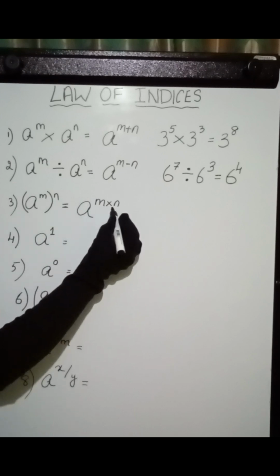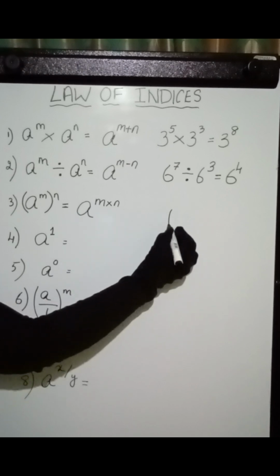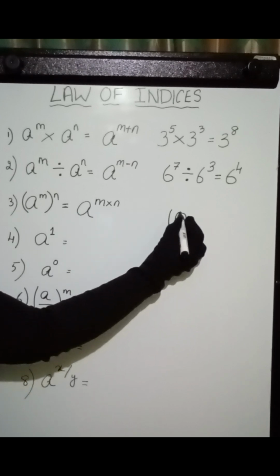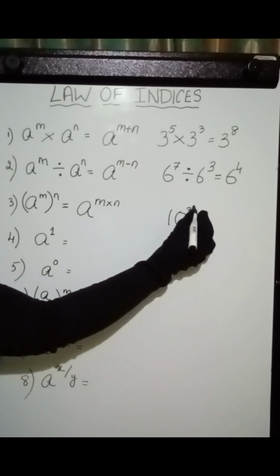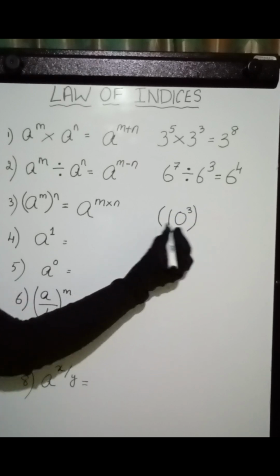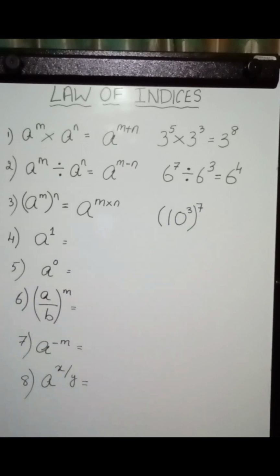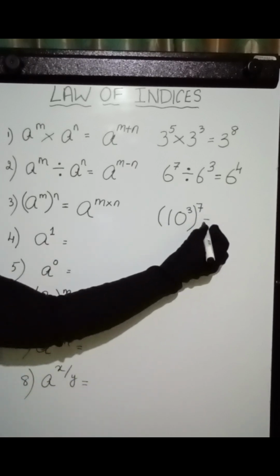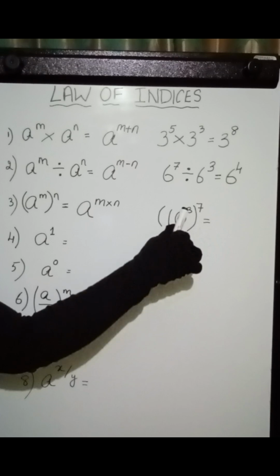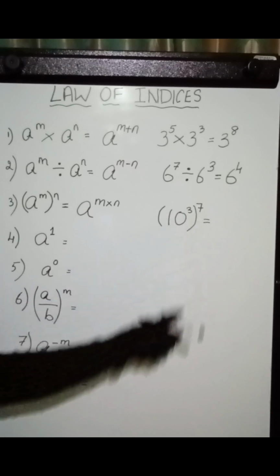For example, if you have 10 to the power of 3, the whole thing to the power of 7, then this will be equivalent to 3 into 7, which is 21.